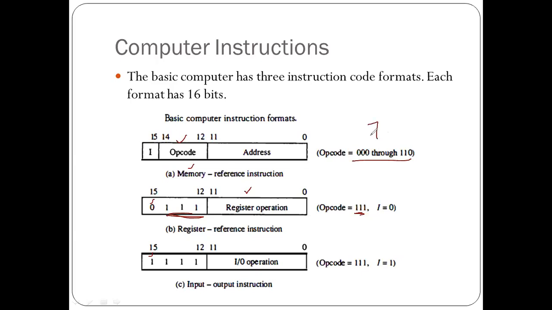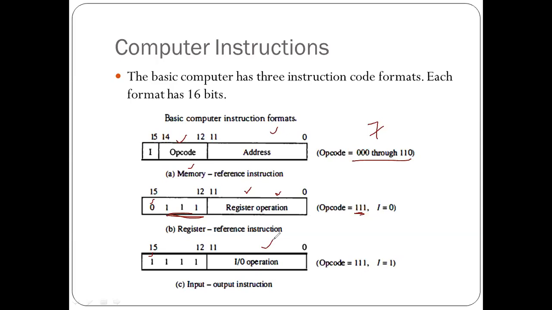So 7 distinct operations you can perform with this instruction length of 16 bits, and the memory reference is of 4 kilobytes. For register reference, we have 12 bits available for specifying the register operation. Whichever are enough, that many you can refer. Similarly, 12 bits are available to specify the IO operation.